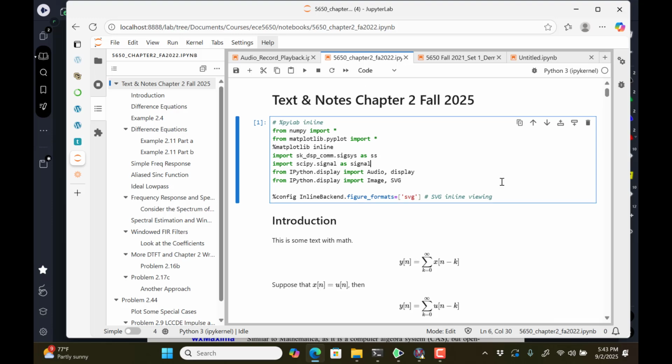And then at the very bottom here, that's another magic command. It just says configure the back end so that all the graphics is scalable vector graphics. You want that because that's very sharp looking. It's a vector graphic, whereas if you don't run that line, you'll get a PNG graphic that's grainy looking. The vector graphics are much faster.